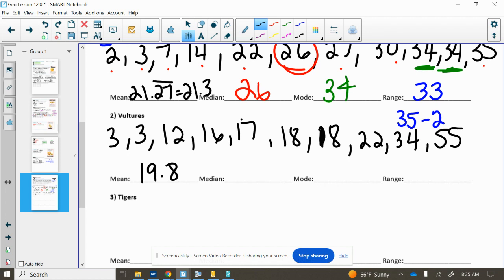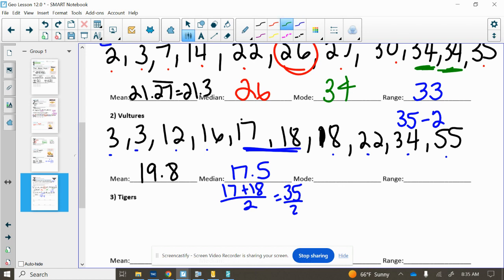The median this time is the number directly in the middle. Now what we're going to notice this time is when we check back, the number in the middle ends up being 17 and 18. So a reminder, what we end up having to do then is take the average of those two. So the average of 35 is 17.5.